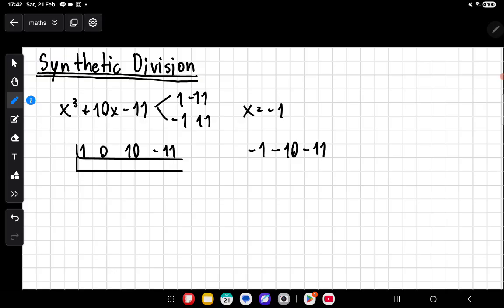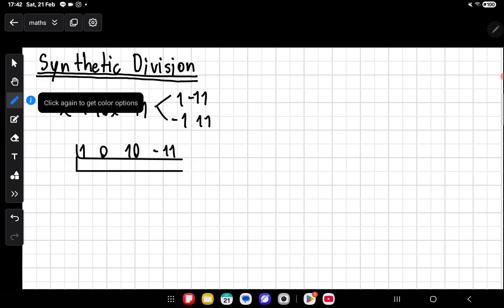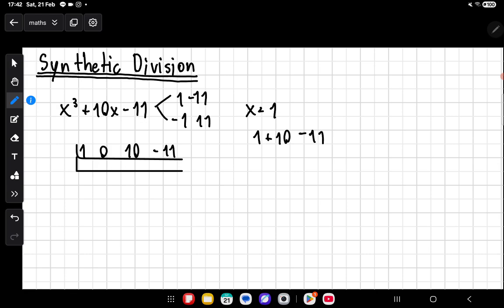But look at that. It's just -22. That's not gonna work. Now what if x equals 1? So that's 1 plus 10 minus 11 equals 0. It works.